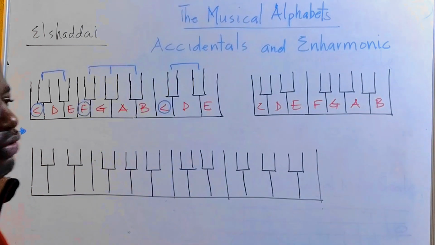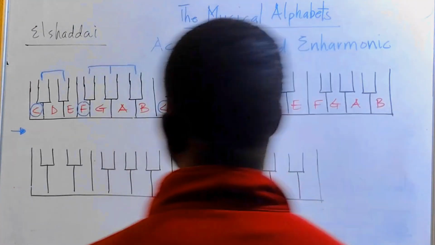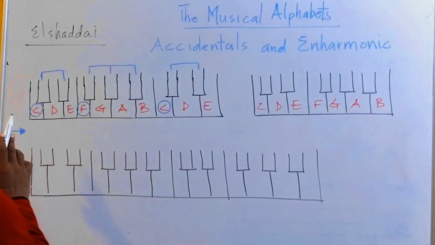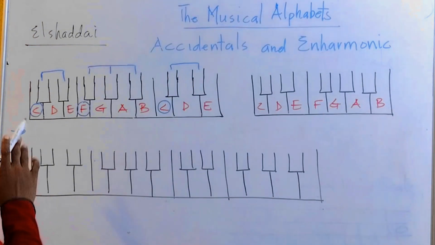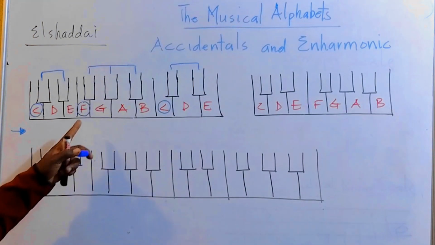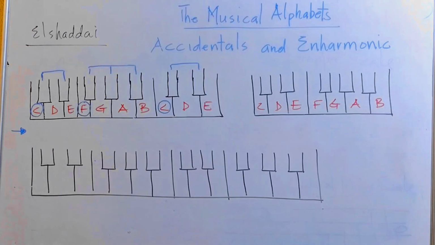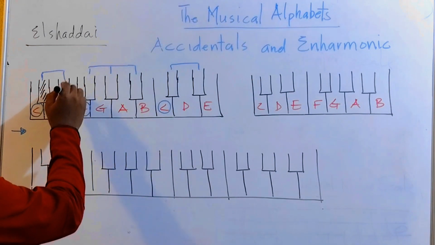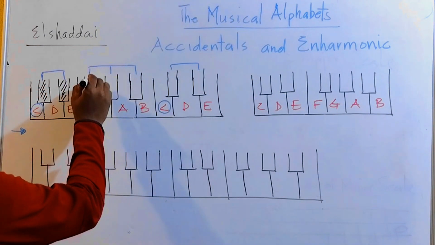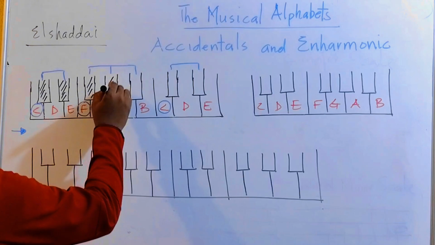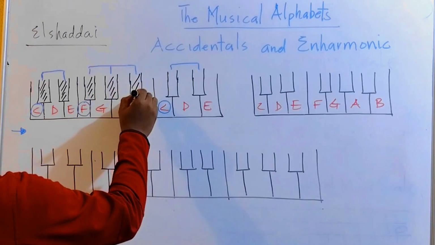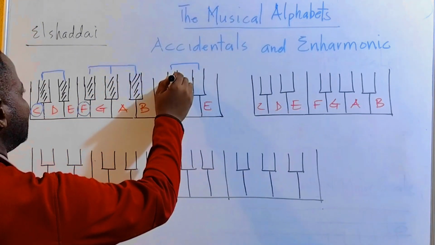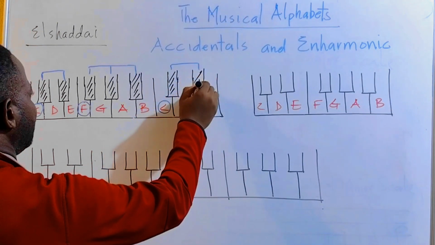So C and F have something in common: C is before the 2 black keys and F is before the 3 black keys. That's the first thing you need to grab.